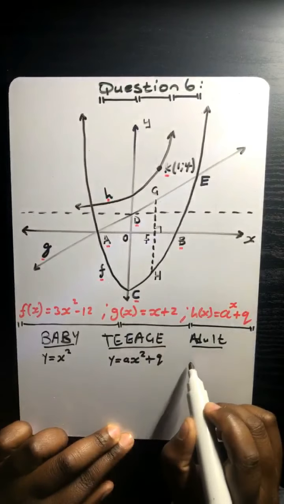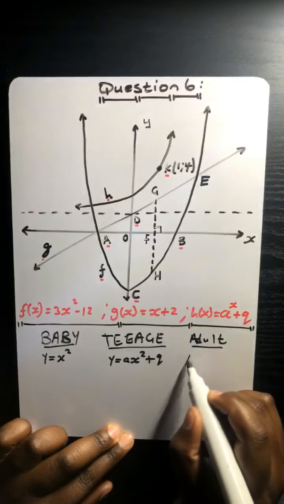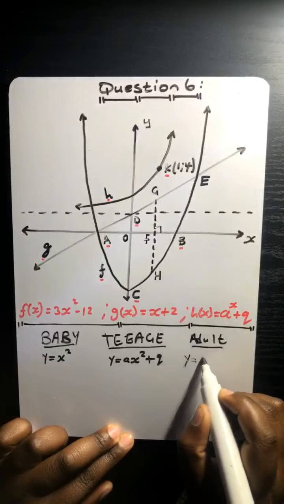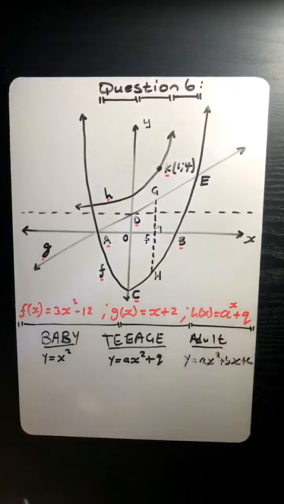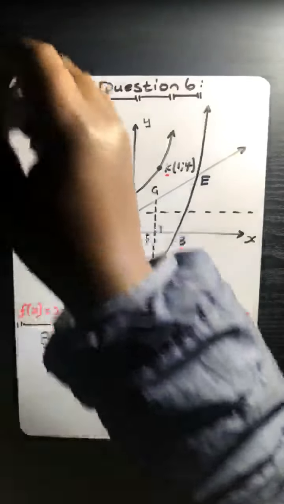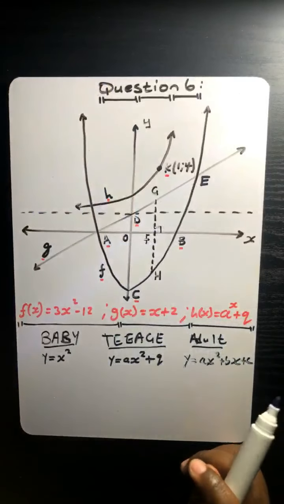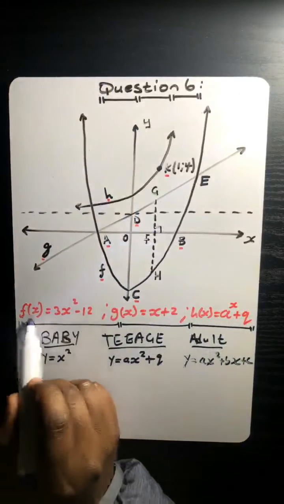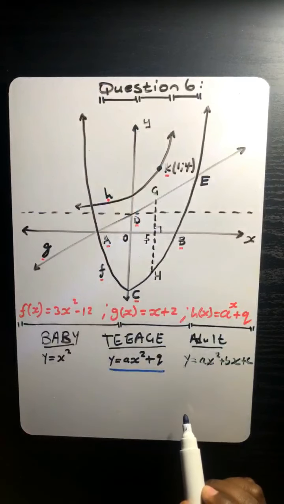At an adult stage, y equals ax squared plus bx plus c. You need to be able to identify the stage at which the function is given. Can you see that it is at that stage there?